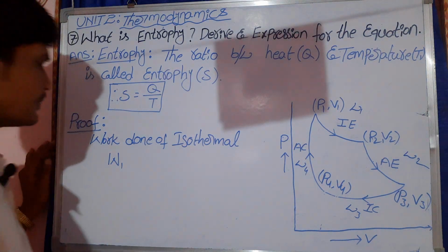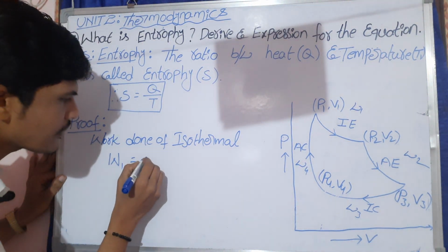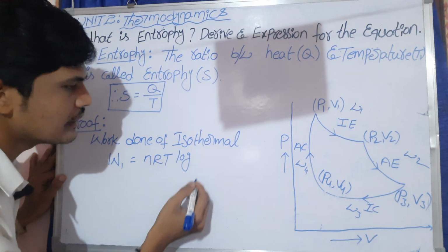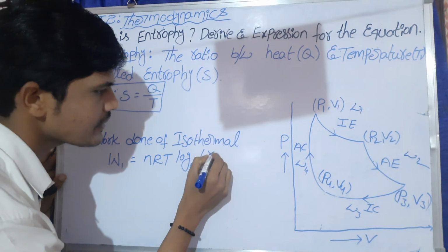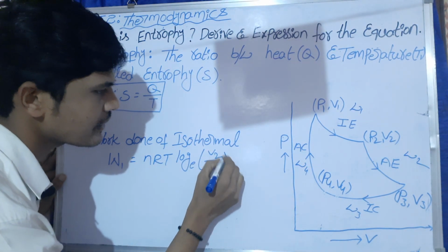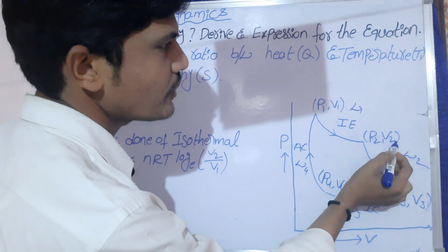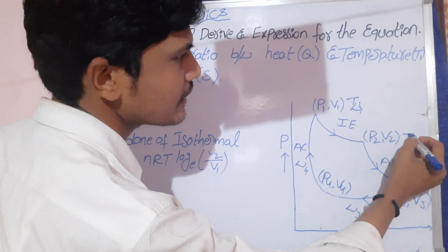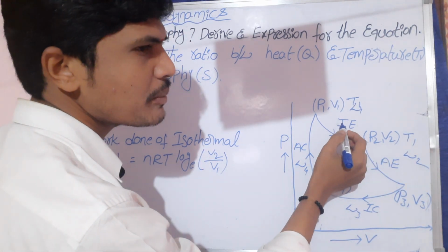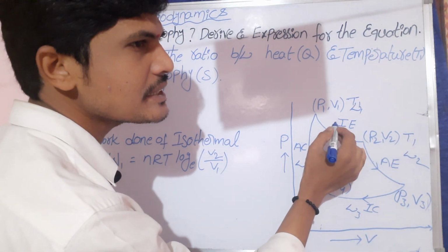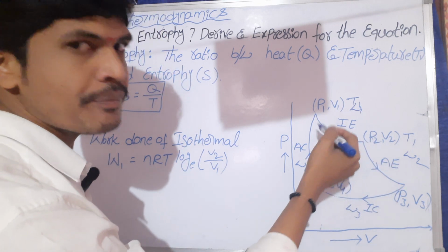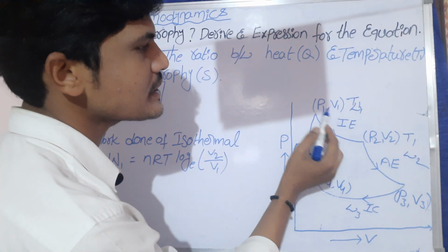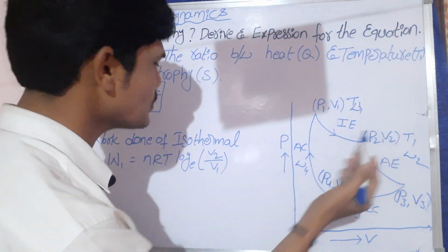The first one, W1 equals nRT log base e V2 by V1, with volumes V2 by V1 and temperature T1. Isothermal means the temperature is constant and the remaining variables change, so temperature T1 is constant, and P1 to P2, V1 to V2 change.